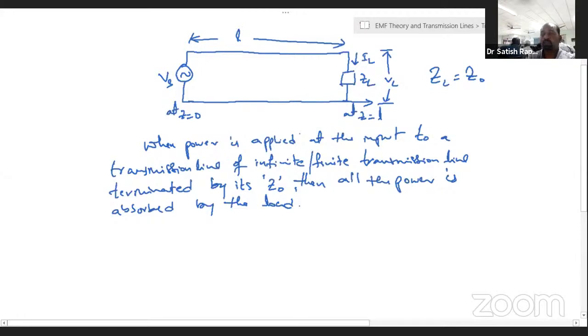That is called the maximum power transfer theorem, right? So therefore, here whenever load impedance is equal to the characteristic impedance of a transmission line, that means ZL is equal to Z0, which is equal to ZS, then the maximum power will be absorbed by the load.